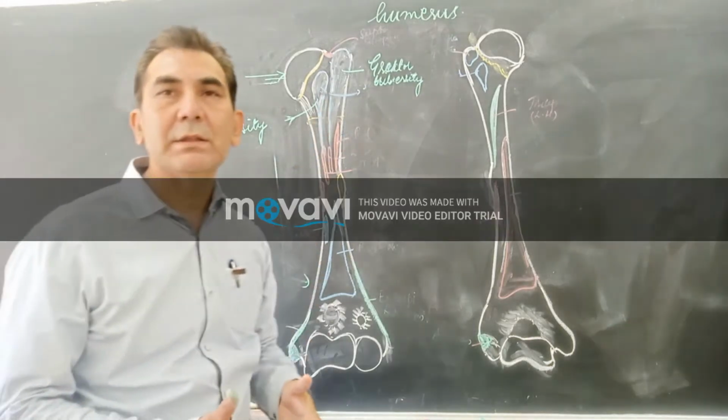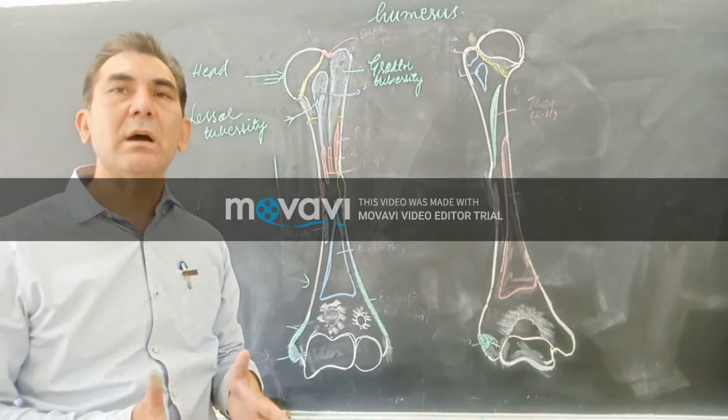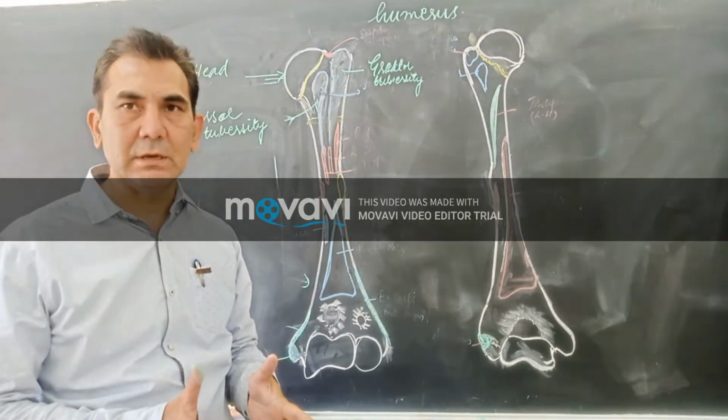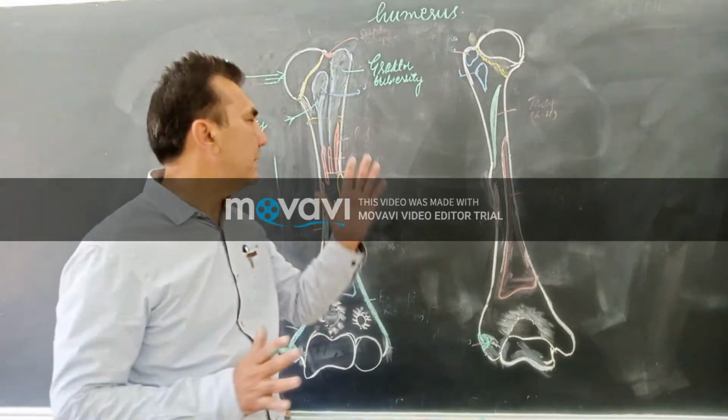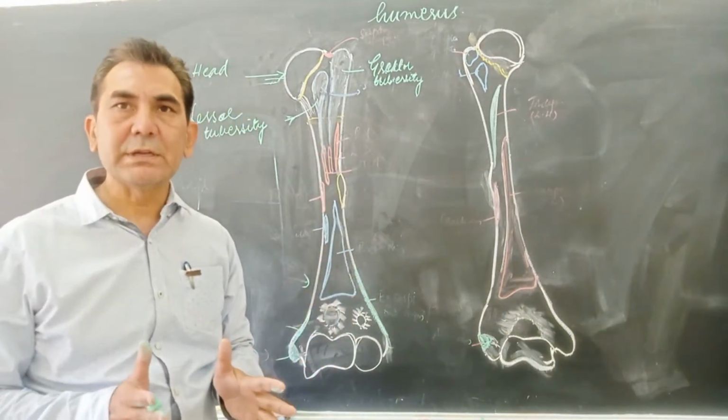Between the greater tuberosity and the lesser tuberosity there is a groove. Some books call it a groove, and some books write the name as sulcus.